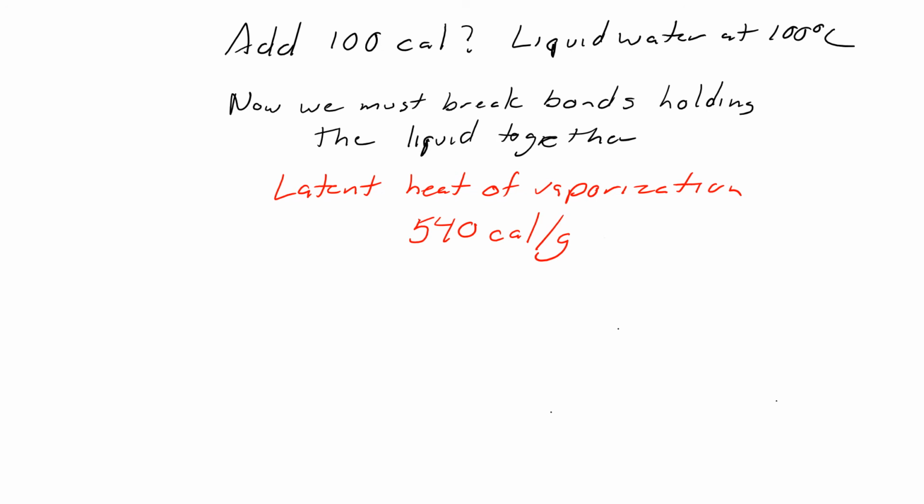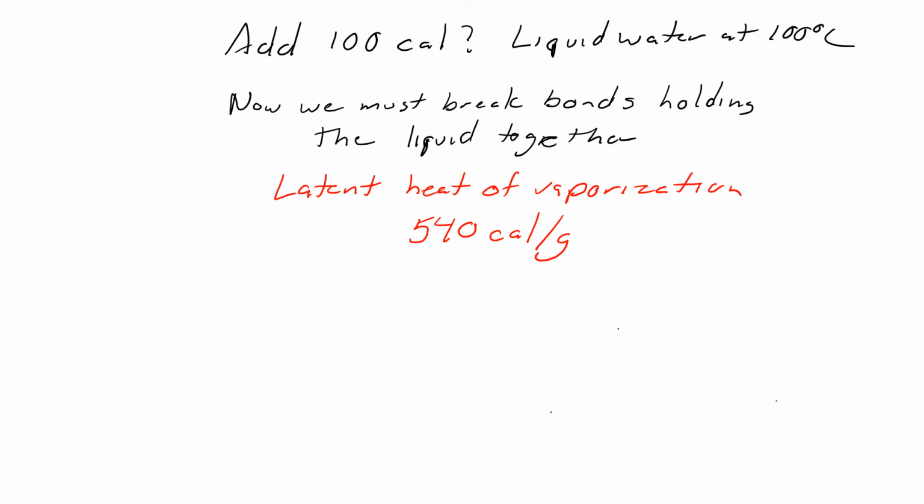Okay, so how many calories have we consumed going from ice at minus 20 to now vapor at 100? Okay, so just the change in temperature was 120 degrees, right? Minus 20 to 100. So we need 120 calories for that. But then we had to add in 80 calories for the latent heat of fusion.